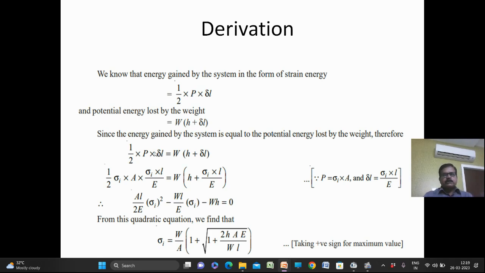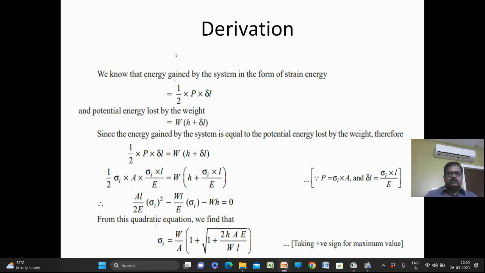We know the energy gained by the system is in the form of strain energy. Whenever some load is applied onto the member and the member gets deformed, there will be energy stored in the member. That energy stored is known as the strain energy.